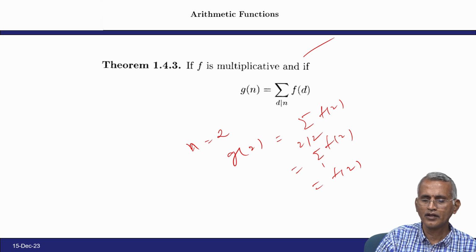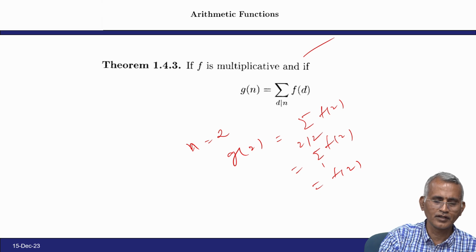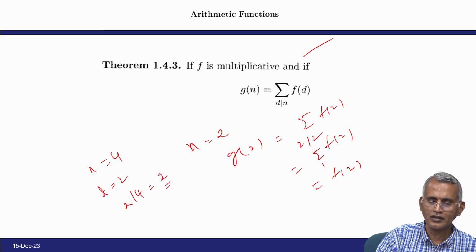Suppose you take other than that, for example n equal to 4 and d equal to 2. Then 2 divides 4, and 4 divided by 2 is 2, therefore the summation of f of 1, f of 2 is nothing but f of 1 plus f of 2.